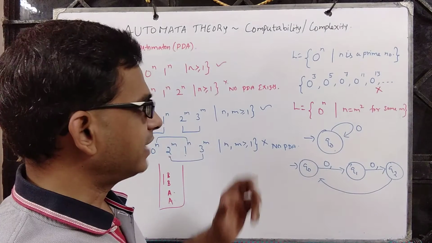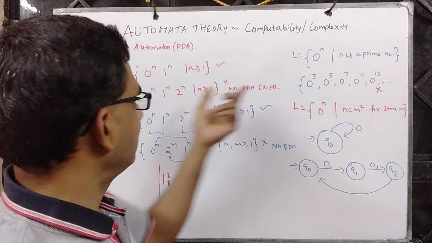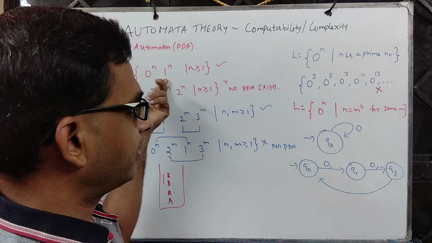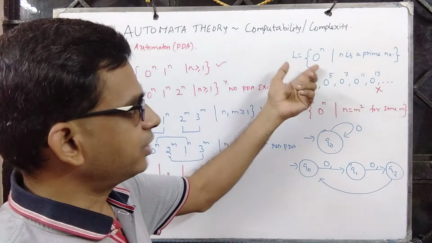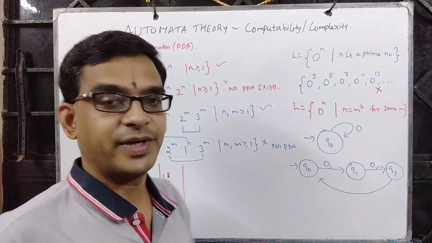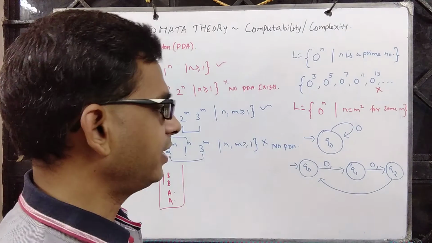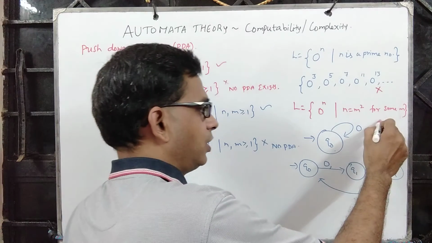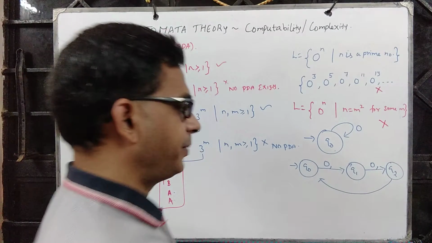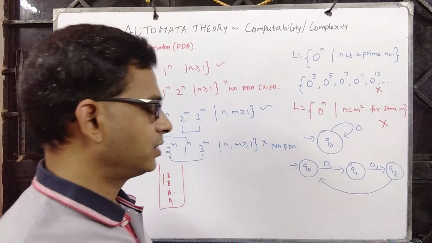So the larger message: a pattern of this type is okay, but a pattern with additional computation, like n is a prime number or n is a perfect square, a PDA cannot be designed for. So what limits the PDA from accepting these languages?